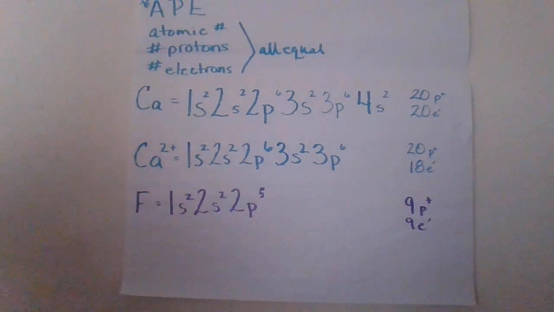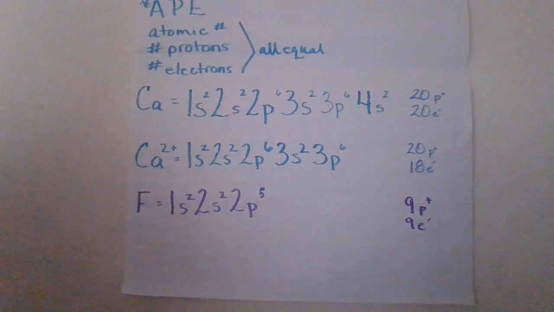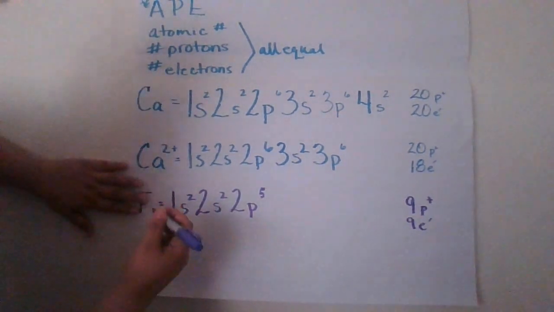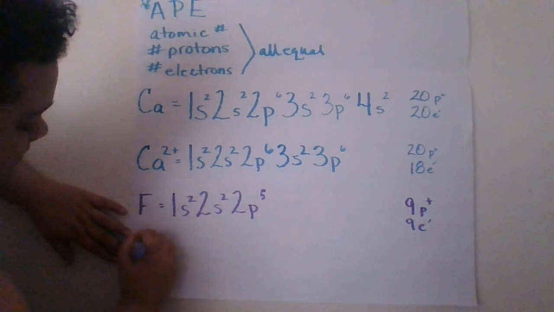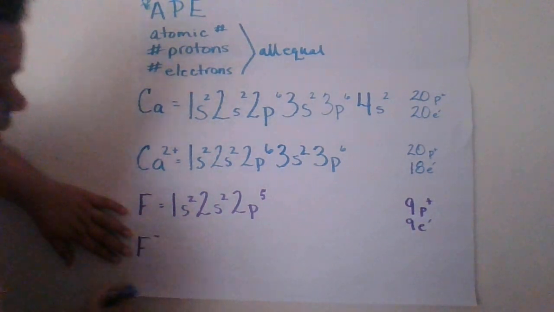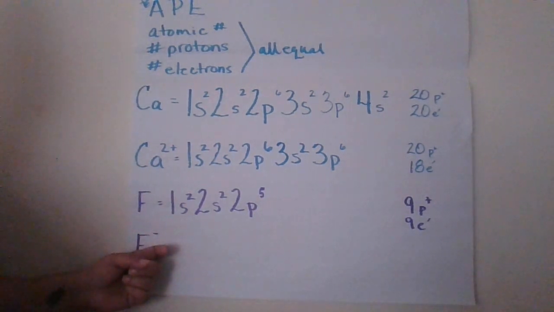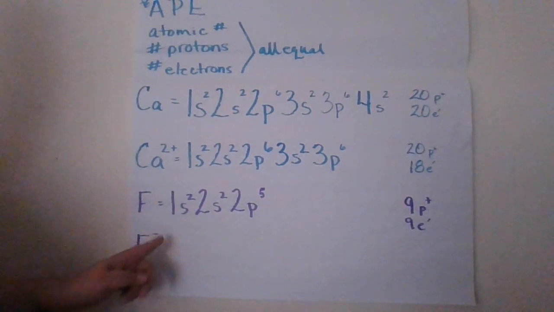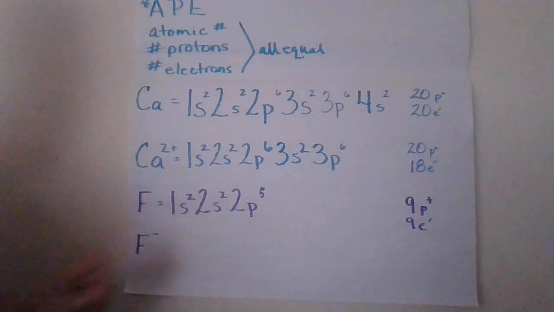So calcium we looked at was a cation. So with fluorine, we can make sure that we understand anions, because there are times when you'll see fluorine with a negative charge. If there's no number there, it is understood that there is a 1, okay?